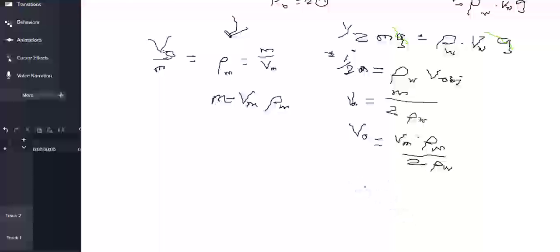If I multiply both sides by 2 rho water, divide both sides by rho material, and also divide both sides by the volume of the object, I get the volume of the material over the volume of the object. The density of water is 1,000 kilograms per meter cubed.